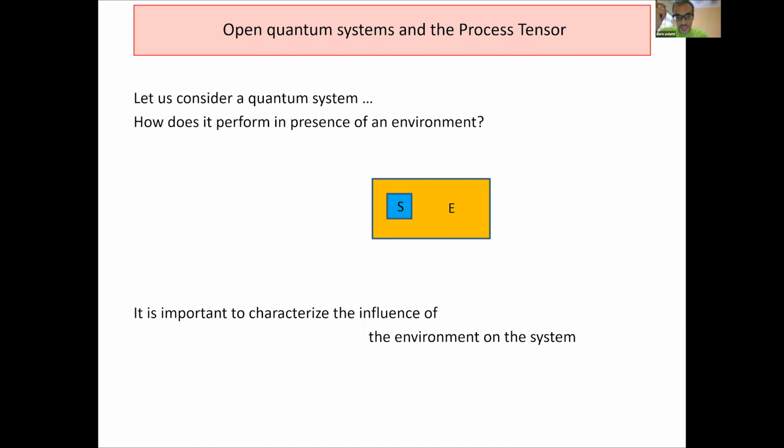And so it is important to characterize the influence of the environment on the system. And okay, if you have been playing with the available quantum computers, you will know that they're noisy, although most of the noise may be characterized by classical sources of noise, not quantum sources of noise. But you know that noise can be a big problem.